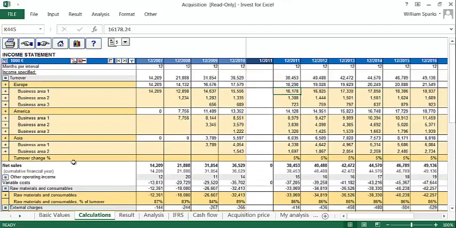But anyway, you see now the turnover consists of sales to different continents and different business areas. And this is the historical numbers, the outcome from previous years, and they are entered there. And of course, you know how to create sub-rows and detailed sub-rows.